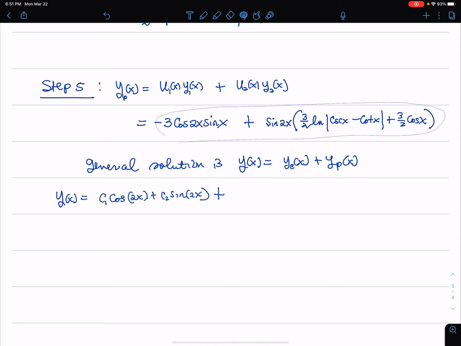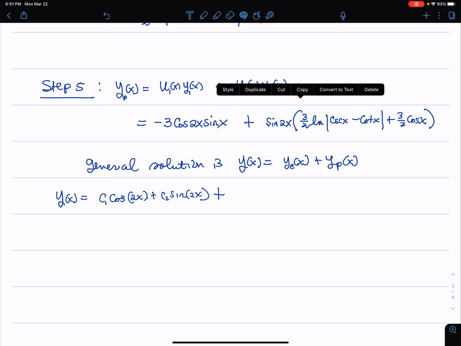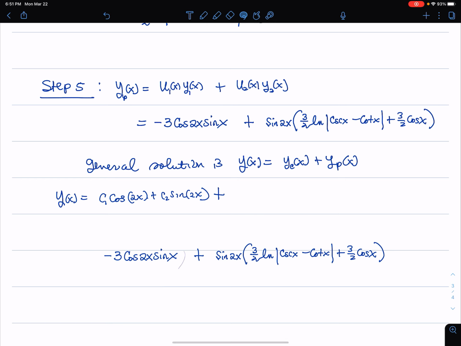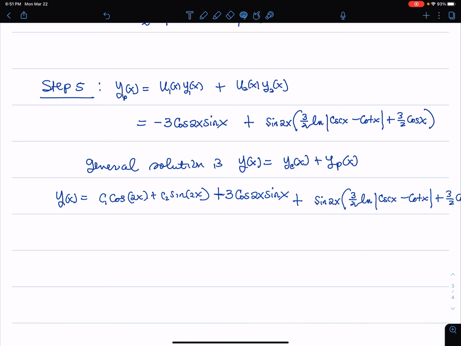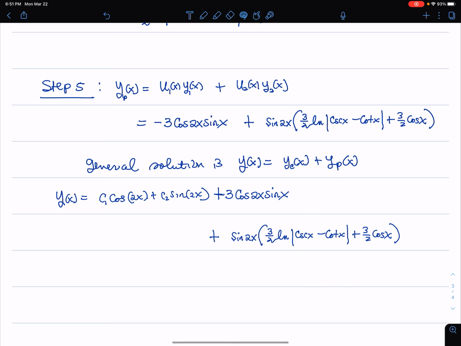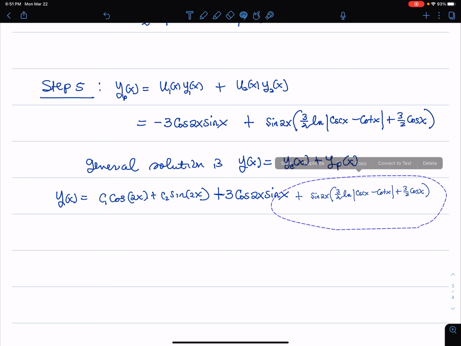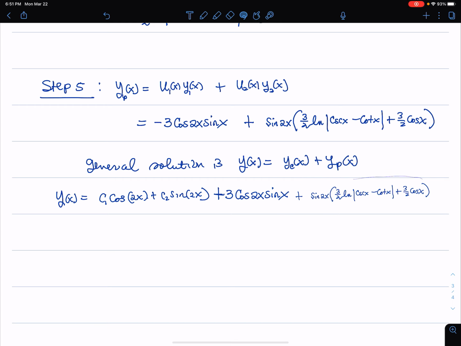That's yc, sorry, plus yp. This is yp, copy. Plus this. Let's squeeze it up a little bit, put it right here. All right, that works. Then maybe make this a little larger.